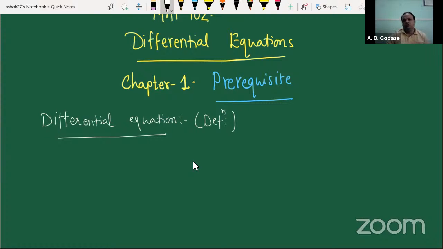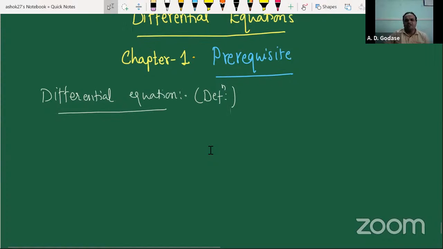If y is a function of x, then you can differentiate y with respect to x. So what is dy by dx? dy by dx will be y dash of x. You denote it by y dash of x. So this dy by dx is a differential operator.